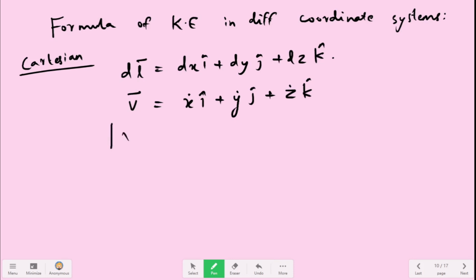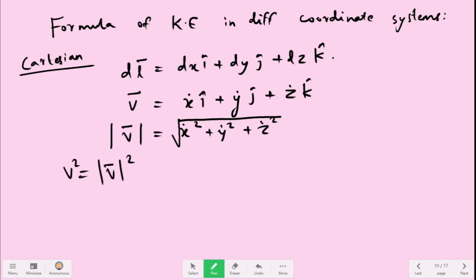Now modulus of velocity is equal to the square root of x dot square plus y dot square plus z dot square. You take the component of each and square them and add them, then take root, you will get modulus of v. v² = |v|² = x dot² + y dot² + z dot².